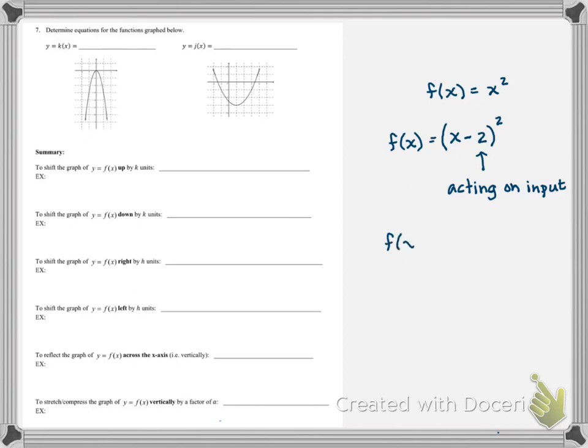Whereas if we start with x, square it, and then subtract 2, that's acting on the output of your function.